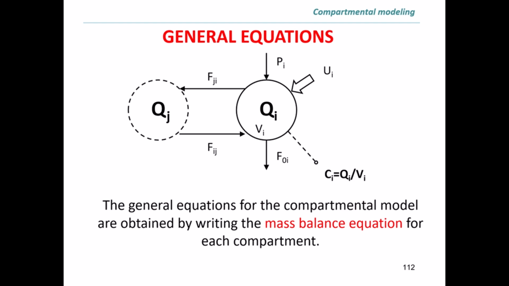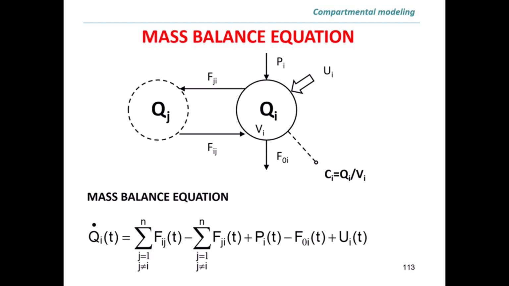Starting from this model, that is a conceptual model, we can write the model equations. Thus, we can go from a qualitative description to a quantitative description. The general equations for the compartmental model are obtained by writing the mass balance equation for each compartment. It means that the law that holds for this kind of model is a mass balance equation.